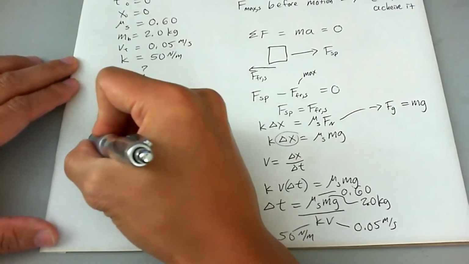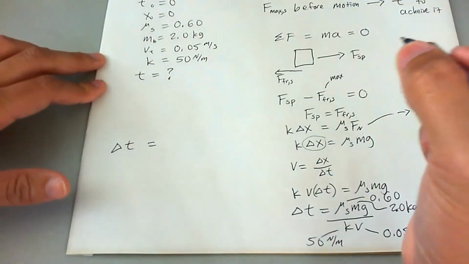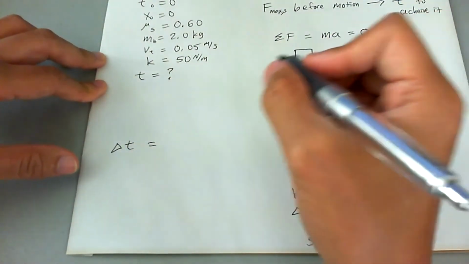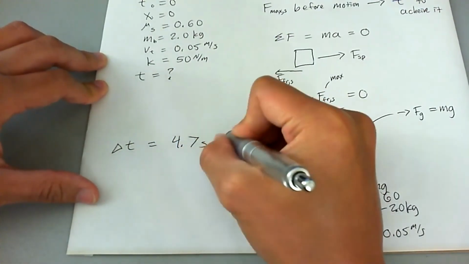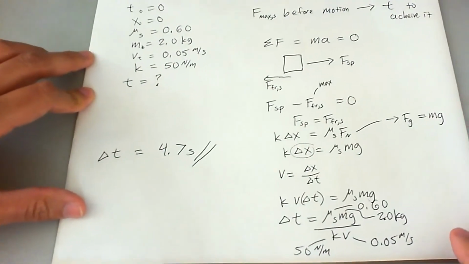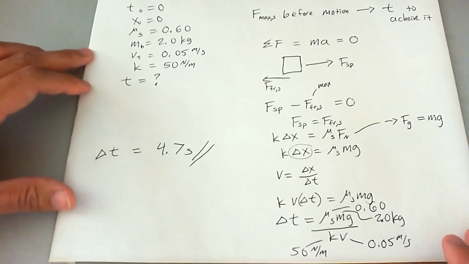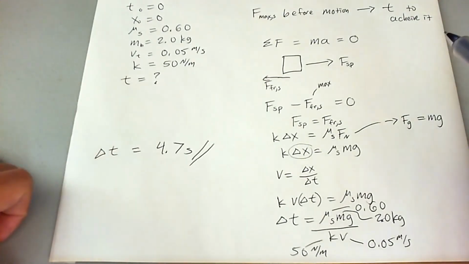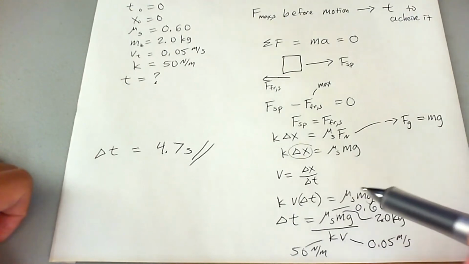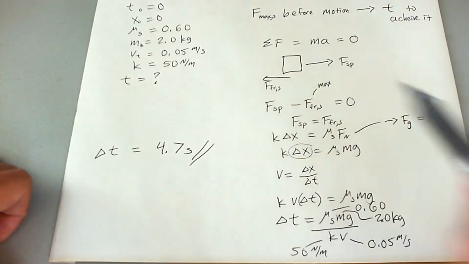Delta t, after putting it into a calculator, ends up equaling 4.7 seconds, accounting for significant figures. So we now have the amount of time it takes for the spring force to equal the breaking point of the static friction force, and thus for the block to start moving.